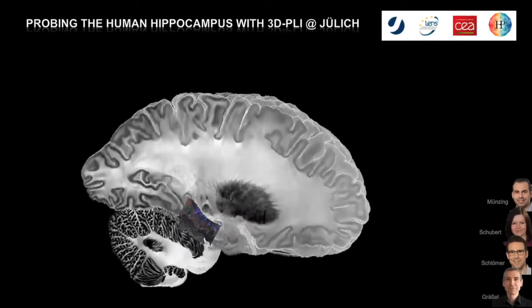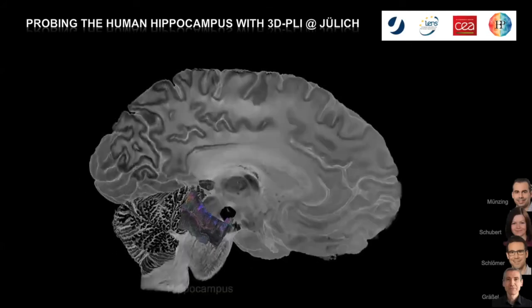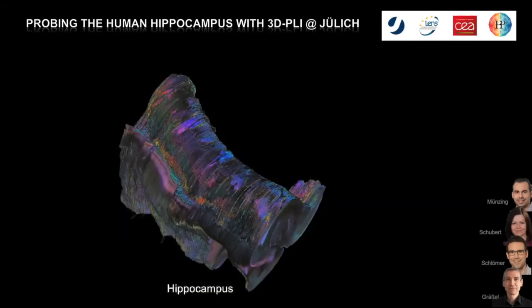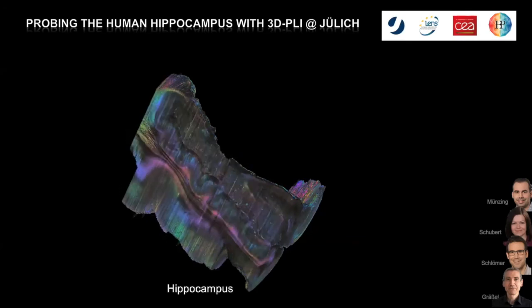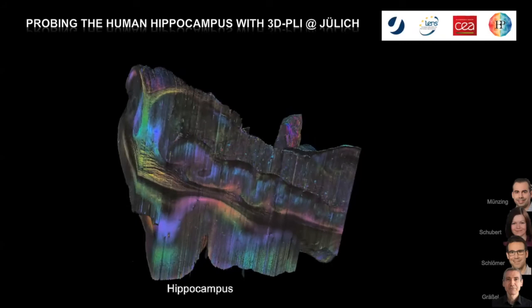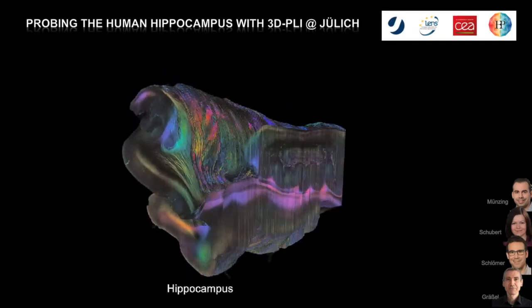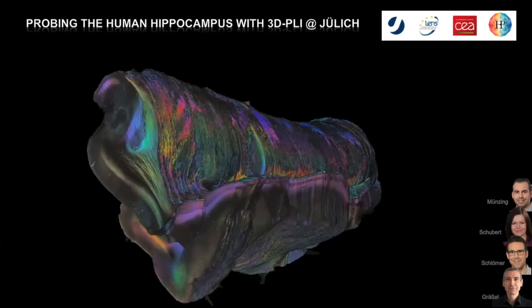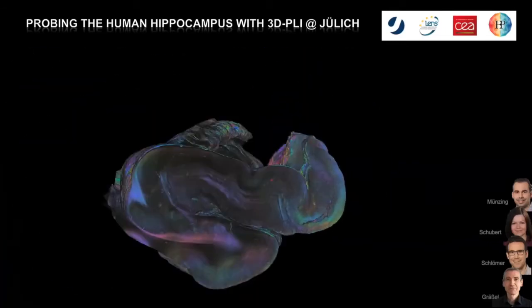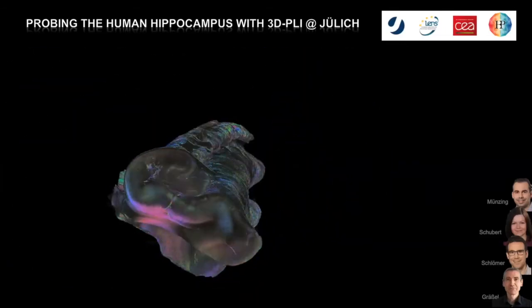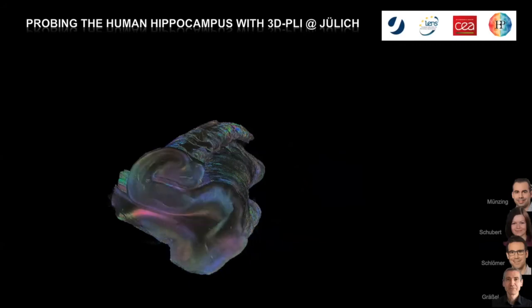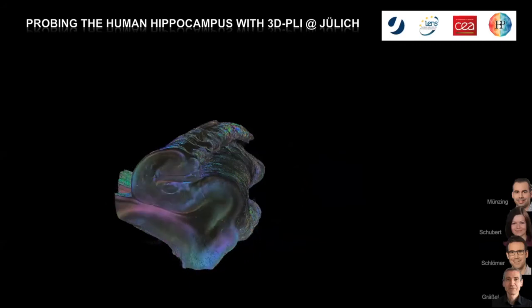Here you can see the cytoarchitectonic map, the BigBrain from Jülich, and embedded the 3D reconstruction of the hippocampus. And you see there are still some misalignments, but in principle, the reconstruction is at a very high level here.